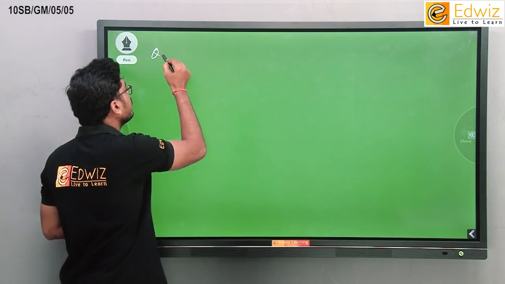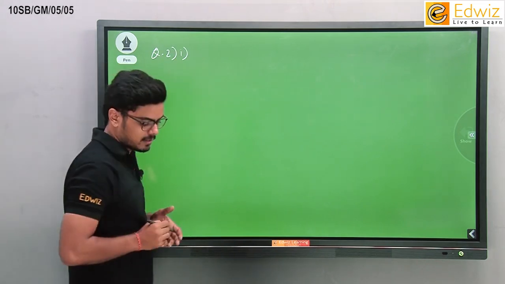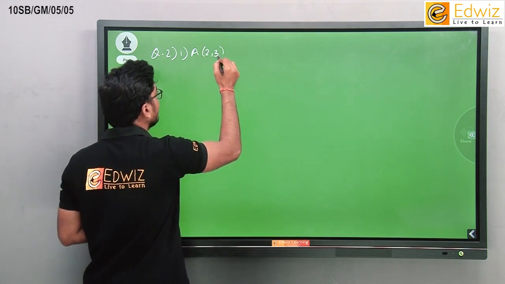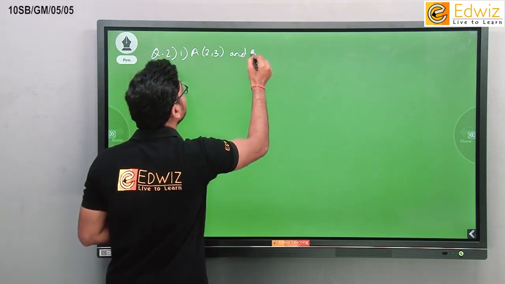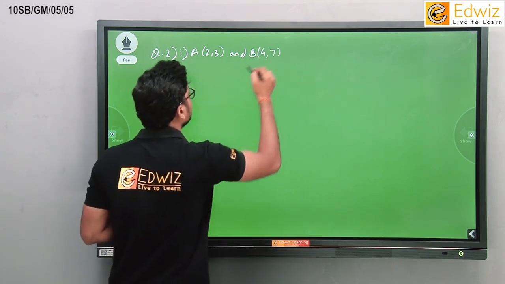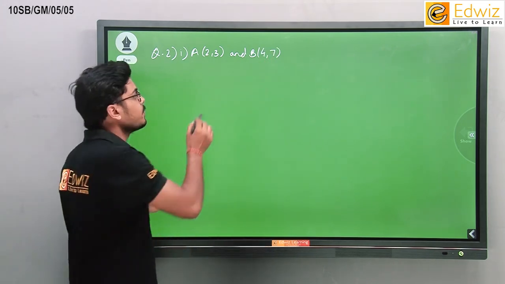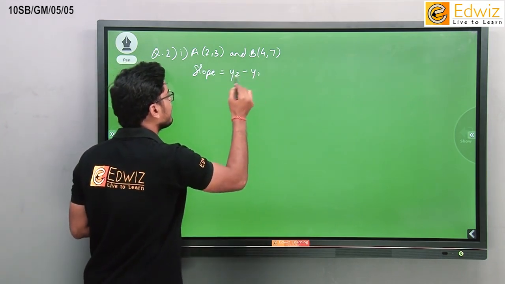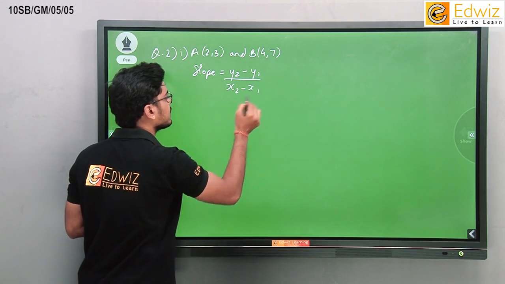So question number 2, first one, a 2 comma 3 and b 4 comma 7. So if I have to find out the slope is nothing but y2 minus y1 upon x2 minus x1.